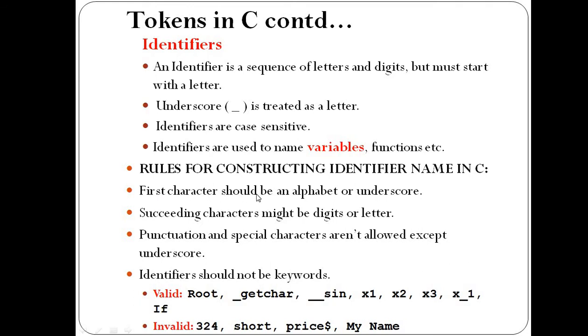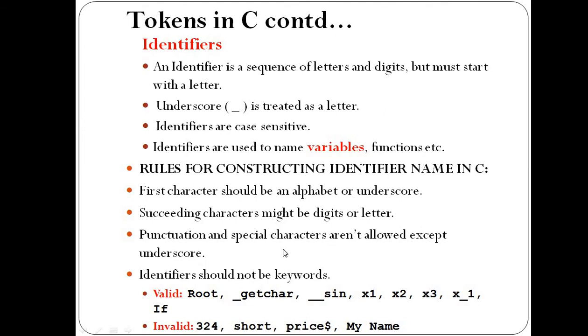The first character should be an alphabet or underscore. We need to place the first character as either an alphabet or underscore. We cannot put a digit. Succeeding characters must be digits or letters. The second character must be either a digit or a letter. It is allowed. Punctuation and special characters are not allowed except underscore.